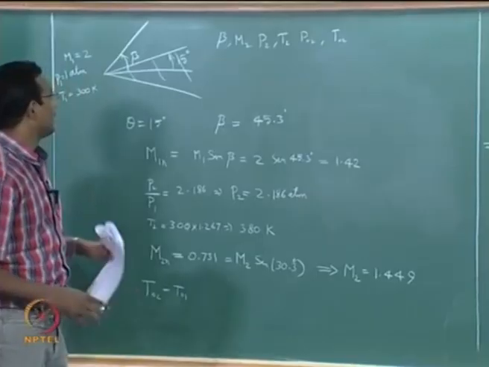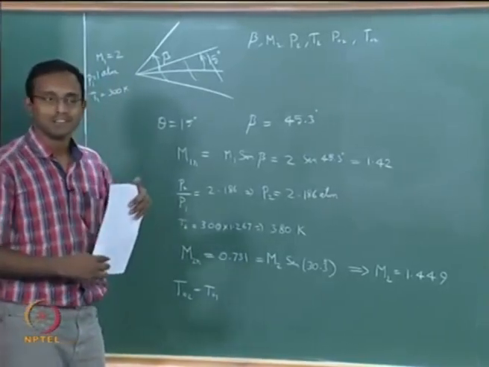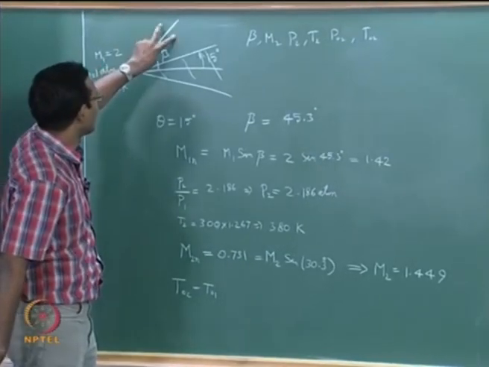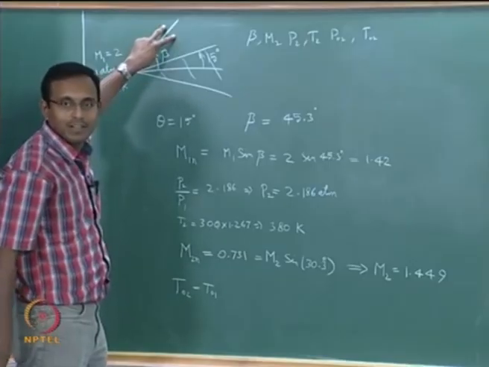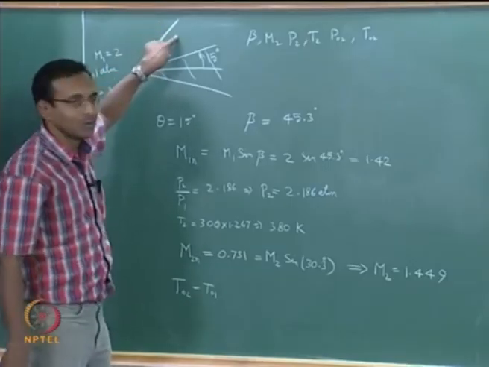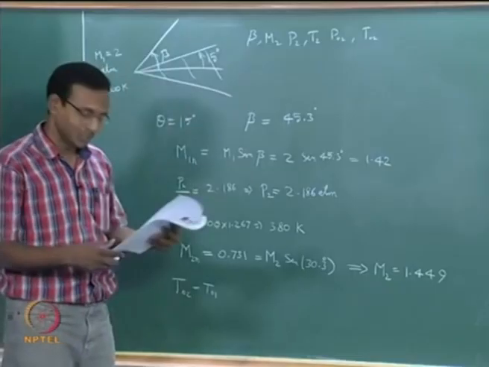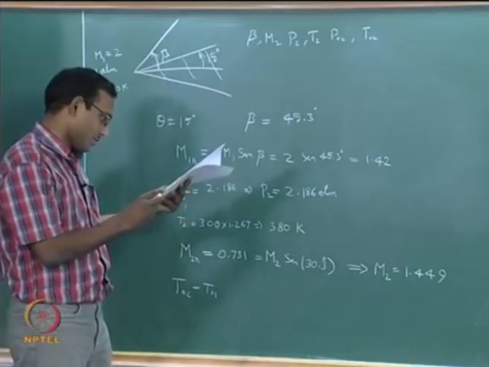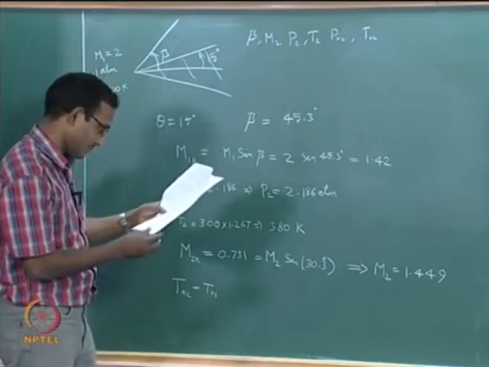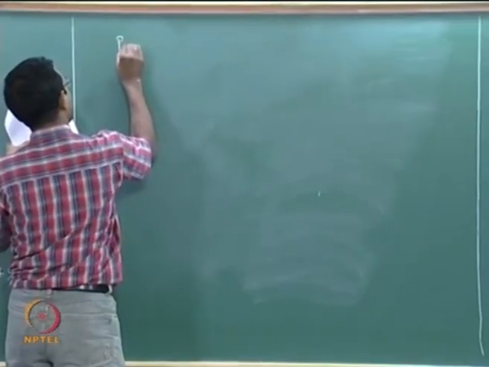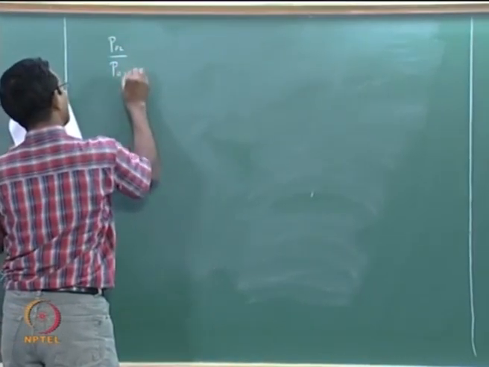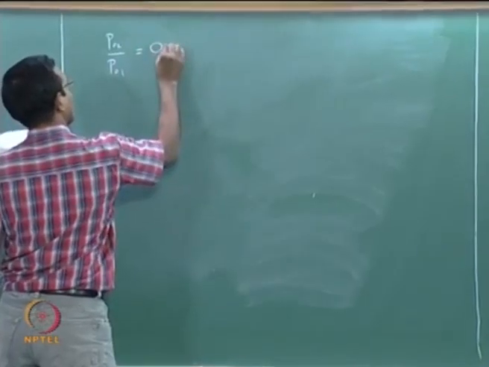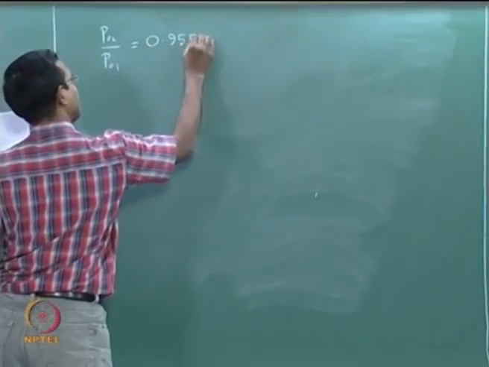This is where we said we have to be careful, right? We said you have to do the normal shock P02 by P01 and then use that number as P02 and then solve for the whole case. That is what it should be. P02 by P01 happens to be 0.955.